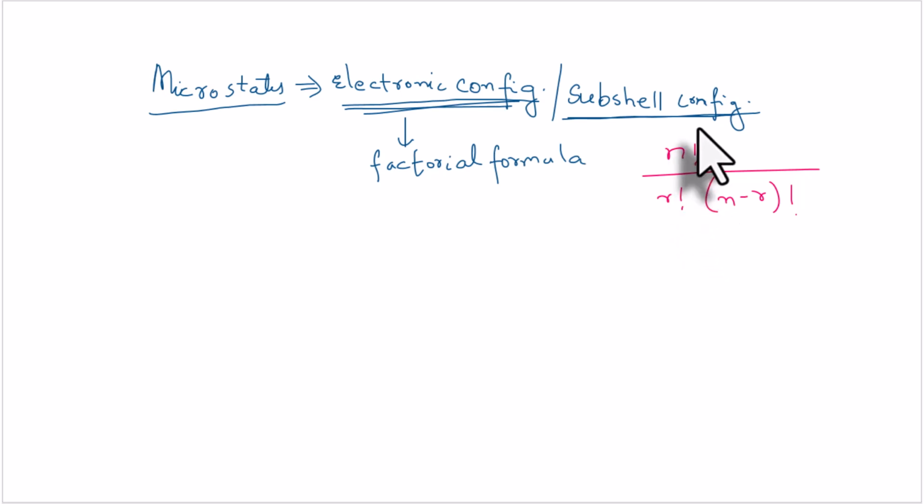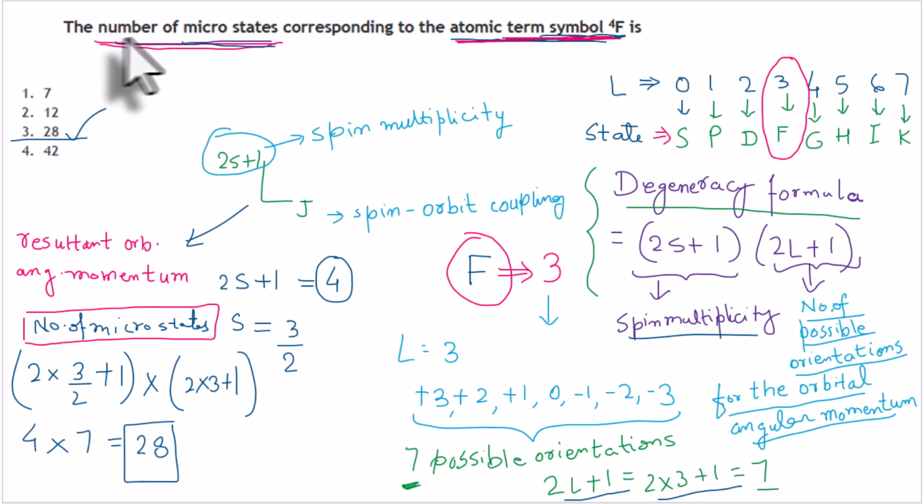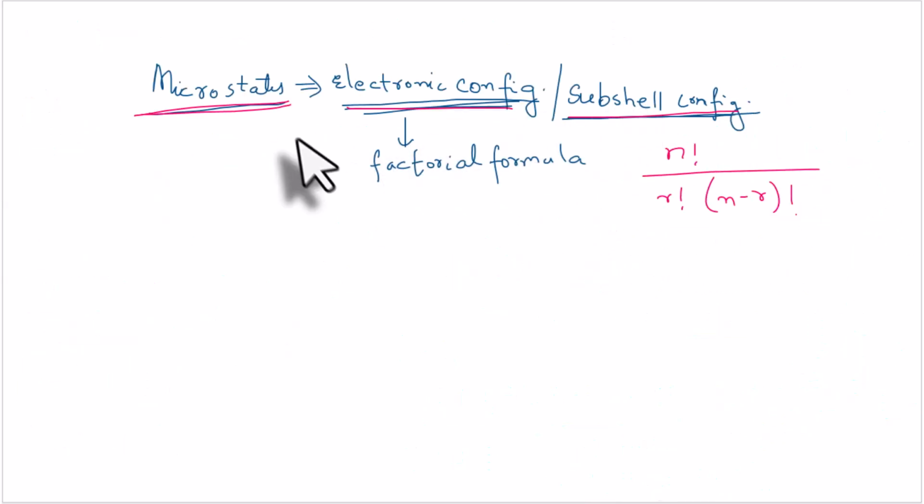This formula is applied only for the entire subshell configuration. In this question, we are asked about the number of microstates for a single atomic term symbol, and for this we apply the degeneracy formula and not the factorial formula.